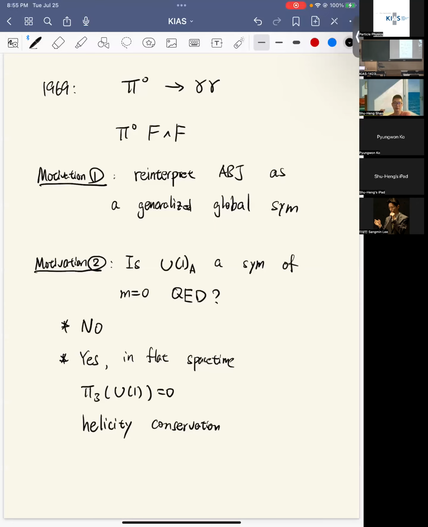Magnetic monopoles, in effect, create non-trivial topology. And indeed, we learned from the work of Callan and Rubakov that in the monopole scattering problem, the helicity is violated. So to have an exact global symmetry when there's a monopole, you really need to go beyond the ordinary chiral symmetry.